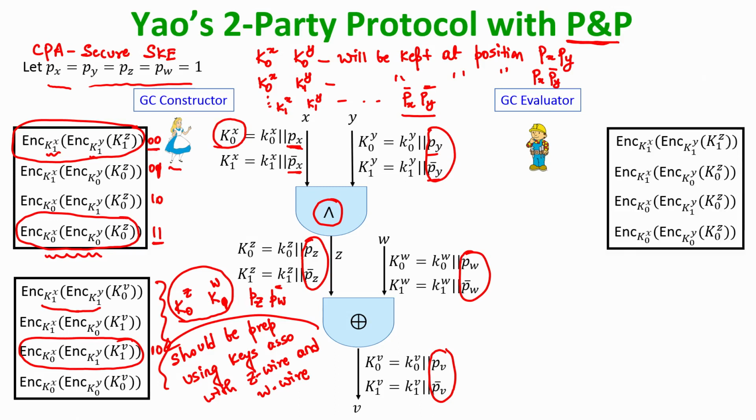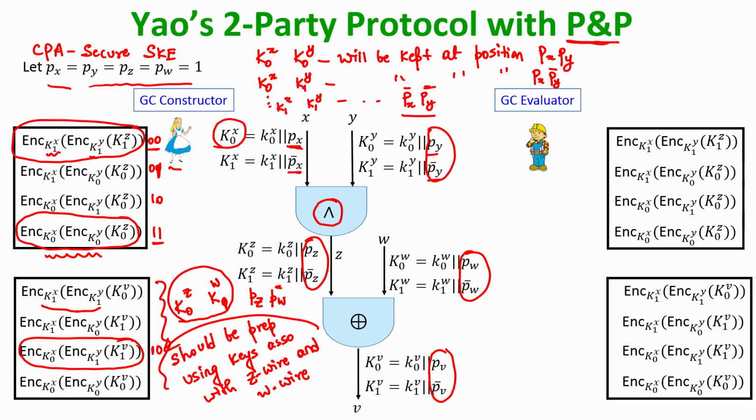Now, this garbled table will be provided to the evaluator, and for Bob, it is still 4 ciphertexts for each gate arranged in some random shuffled order. So, he cannot figure out whether the entries are arranged in the same order as the actual truth table or in what order they have been shuffled. It could be in any order.